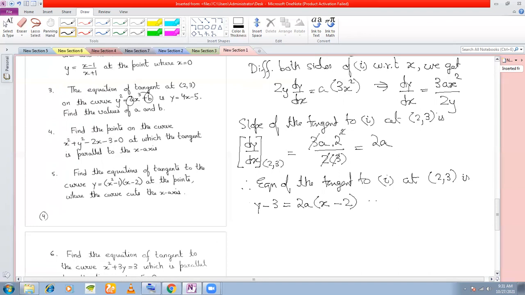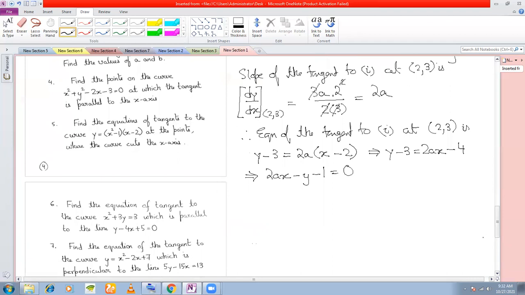Okay, you simplify this: y minus 3 is equal to 2ax minus 4. Means you get here 2ax minus y minus 4 and plus 3 will give you a minus 1 is equal to 0. This is the equation of the tangent, right?